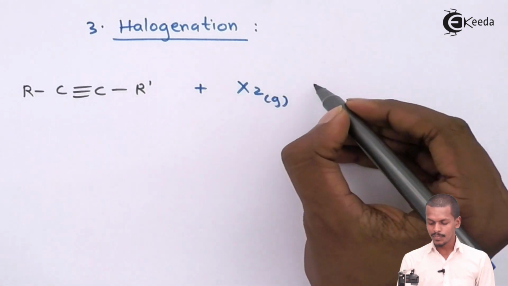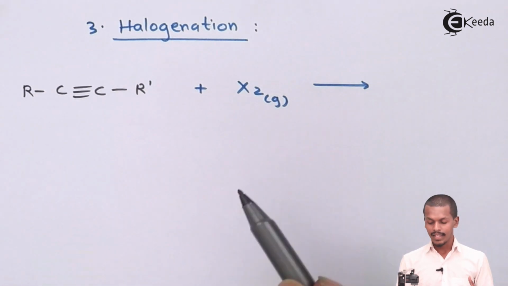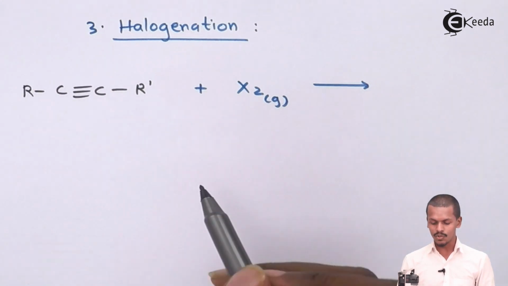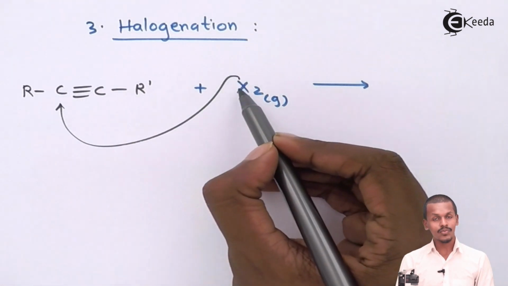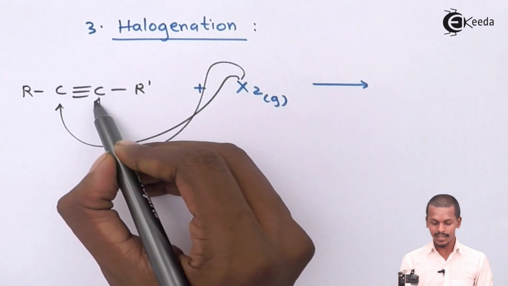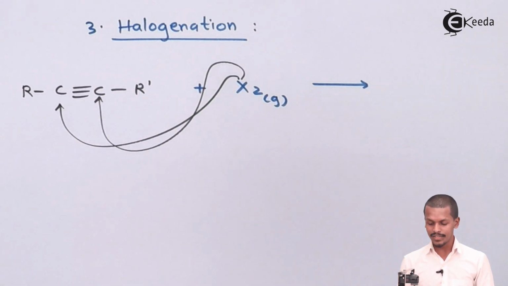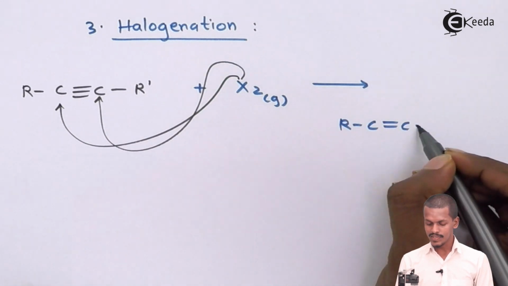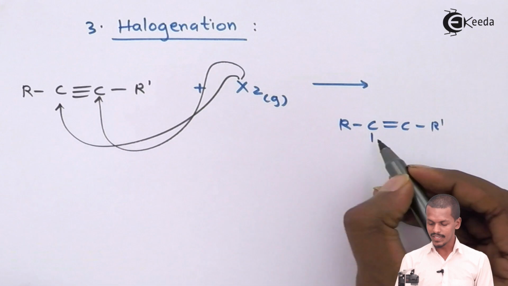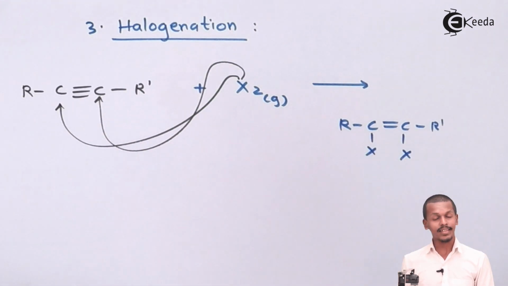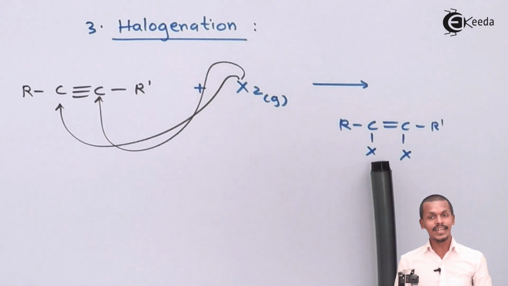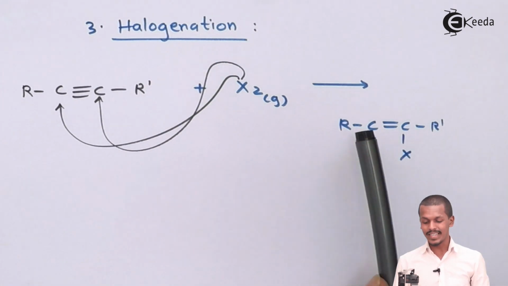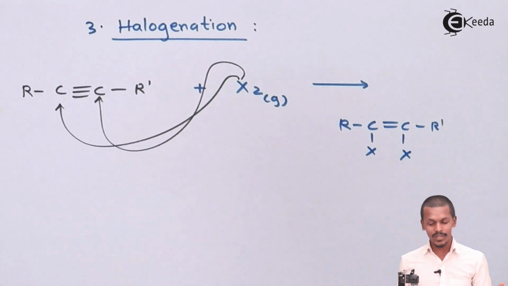If 1 mole of X2 reacts, one X would come over here, while the other halogen atom would come over here, forming a molecule R C double bond C R dash, and here an X, and again here an X. So both the halogen atoms are attached to carbon atoms that are adjacent to each other. So this is the molecule that we get.